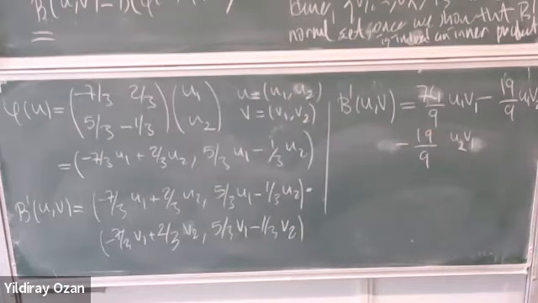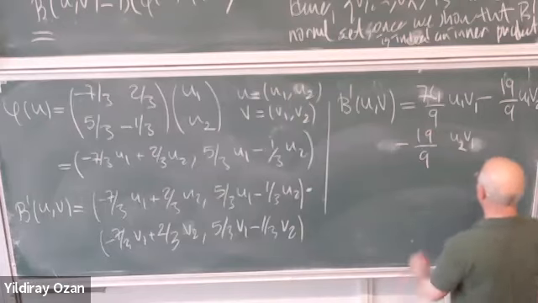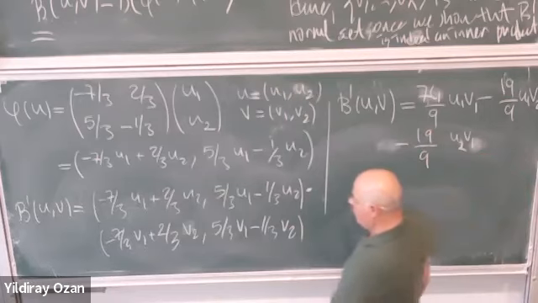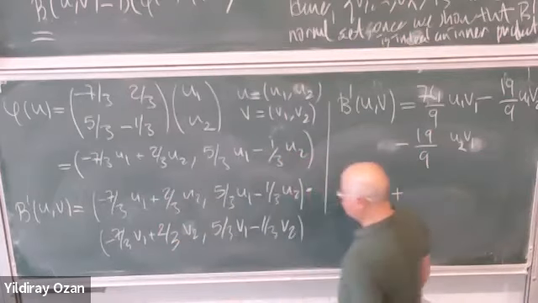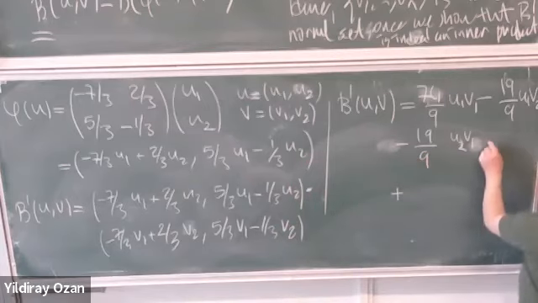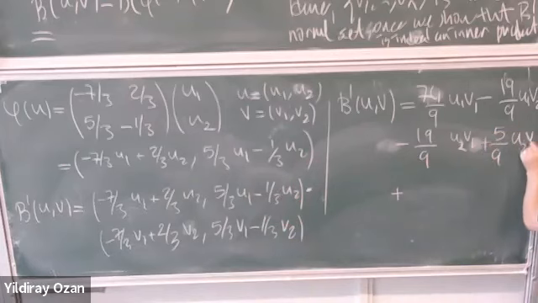Bir de U2 V2 yani plus U2 V2 terimi var. Bir de buradan var. 5 over 9 U2 V2. Okay, so that's the inner product. Okay.